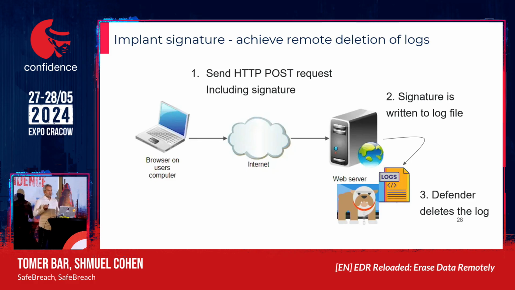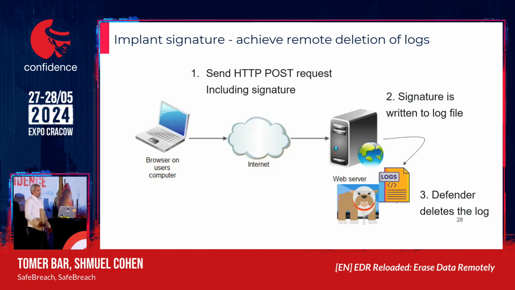So we started thinking, and the first idea that came to our minds was logs. If we are able to send an HTTP request with our signature to a web server, and this web server logs our request, we will be able to trigger the remote Defender, which is installed on the web server, to delete the log file.